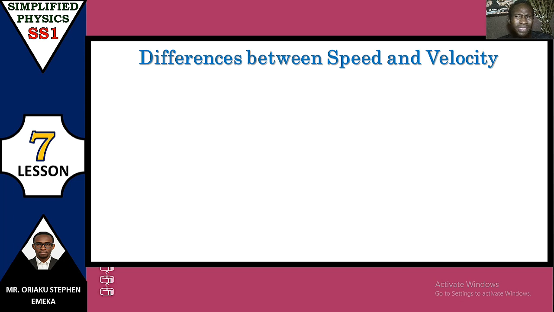Speed is a scalar quantity, meaning that it has magnitude but no direction, while velocity is a vector quantity, it has magnitude and direction. Speed is calculated as distance over time, while velocity is calculated as displacement over time. So these are the differences between speed and velocity.